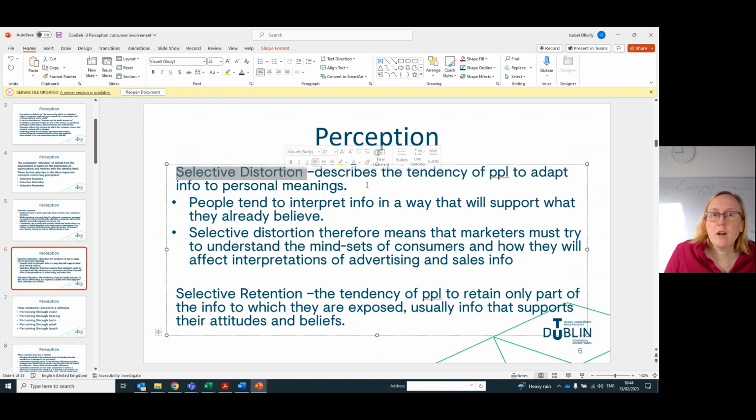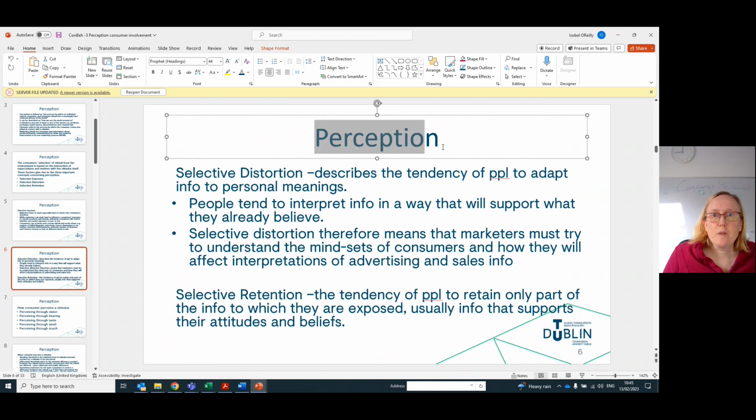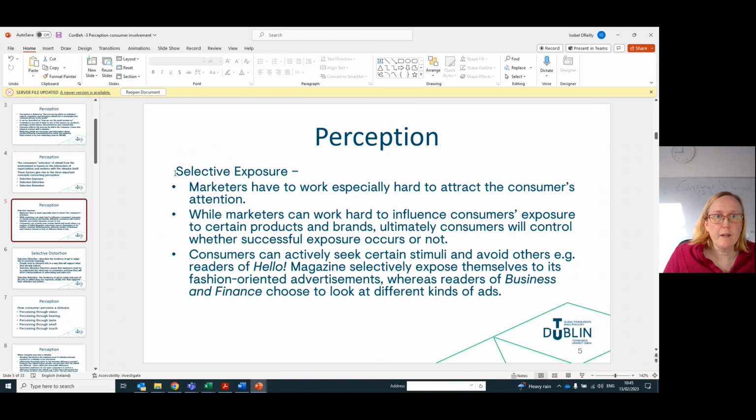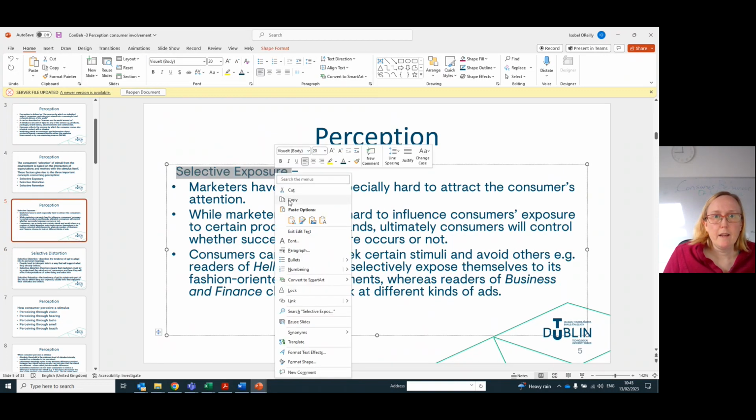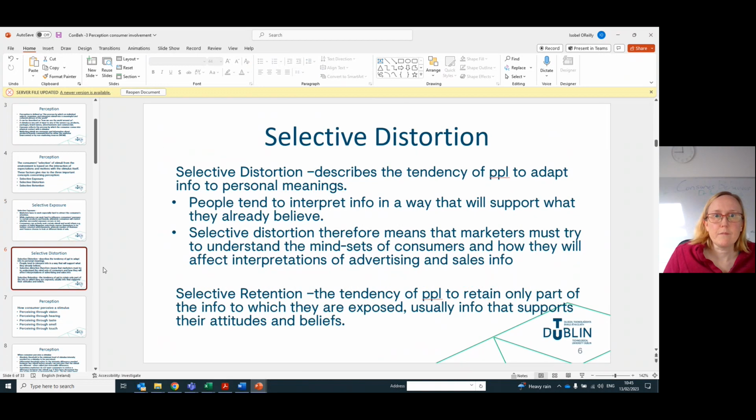This describes the tendency of people to adapt information to personal meanings.